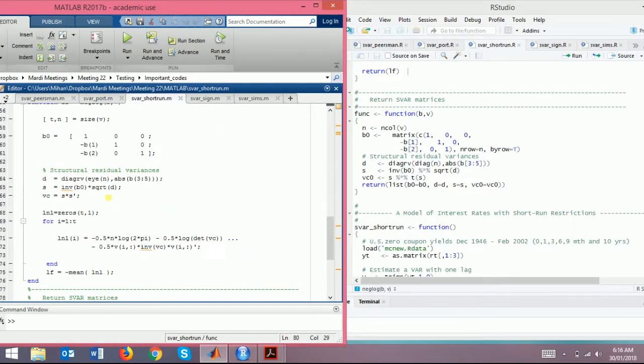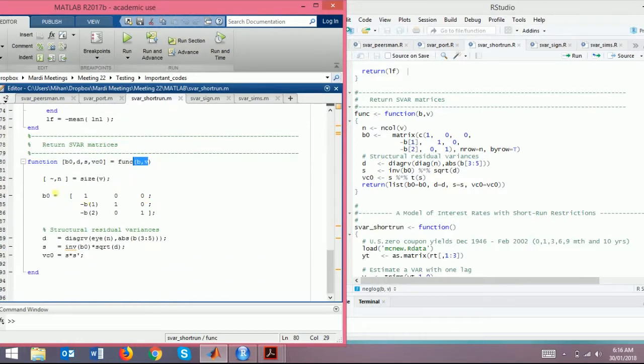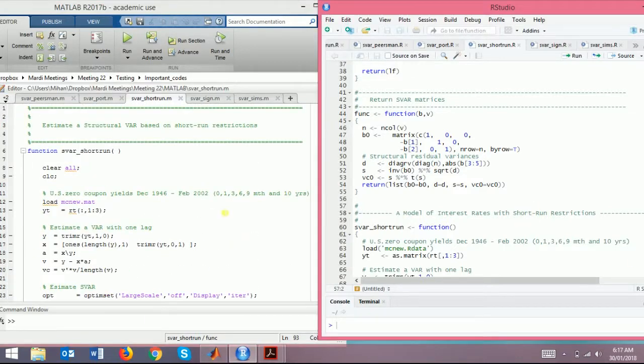So we have estimated b and v already, and we use that b and v for this equation here. Basically we just want more information, which is we want our beta naught matrix to be estimated by the system as the structural VAR matrices. We want the diagonal elements, we want S and VC naught for the system to estimate, right? So the equation is the same. So let's see how we call both of these functions.